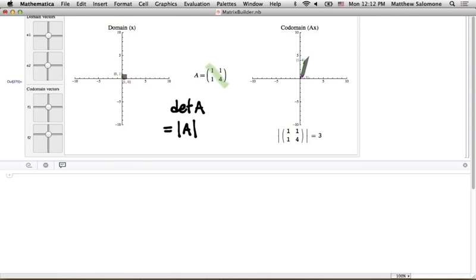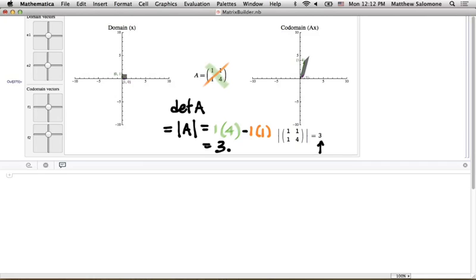We're going to treat those as being interchangeable. And the first product is the product on the diagonal, 1 times 4. And then I need the product off the diagonal, 1 times 1. And what do I do with those two products? Subtract the 2. So in our example, that's 4 minus 1, that's 3.